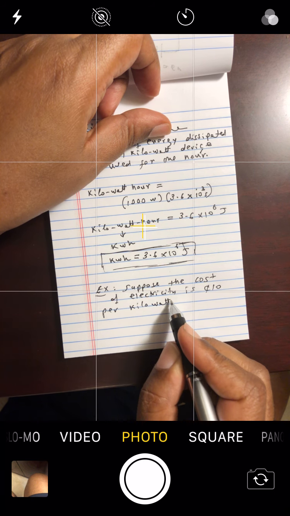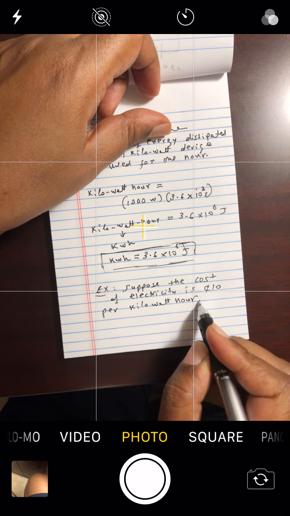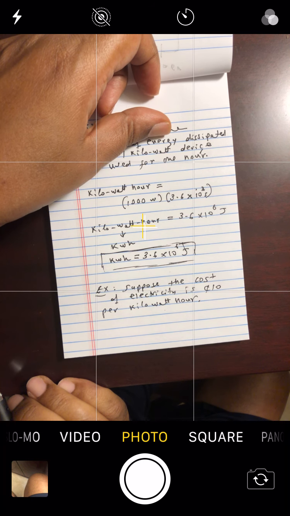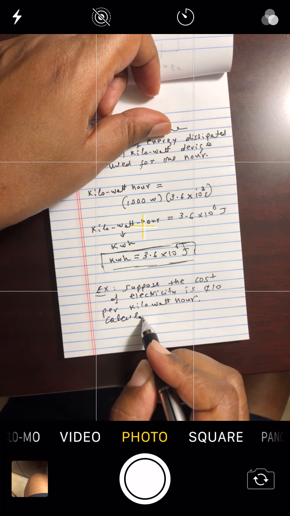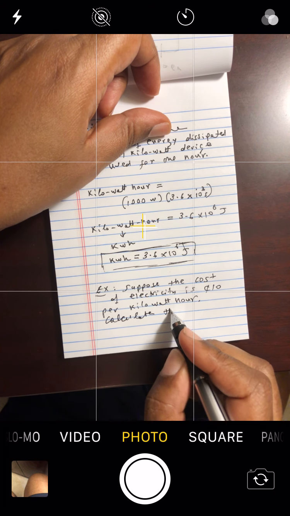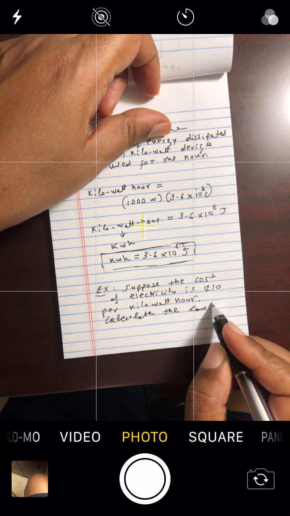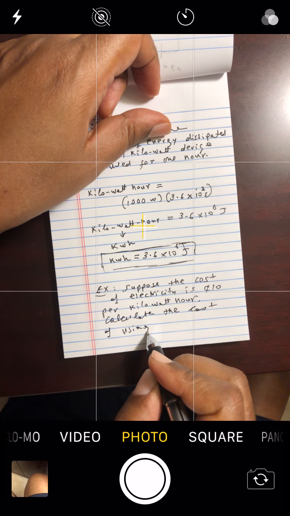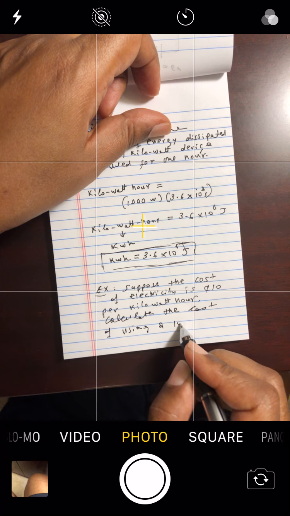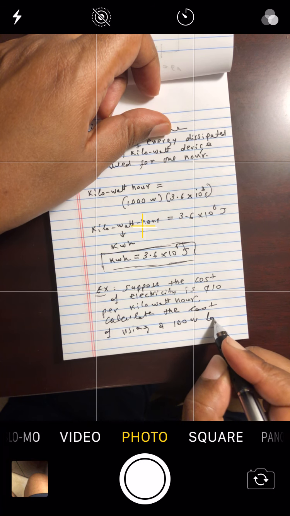Calculate the cost of using a 100-watt lamp.